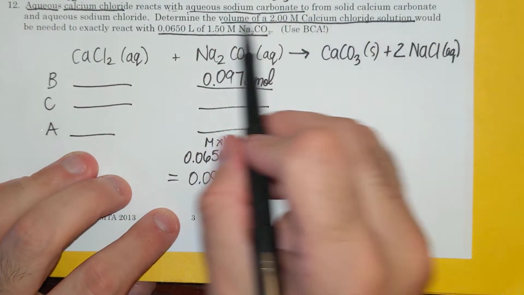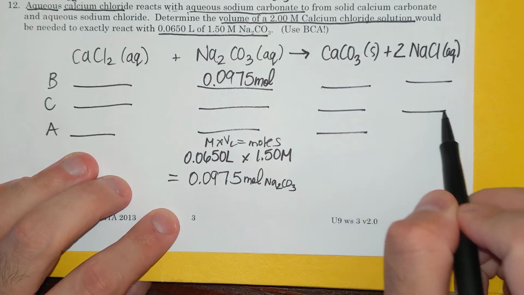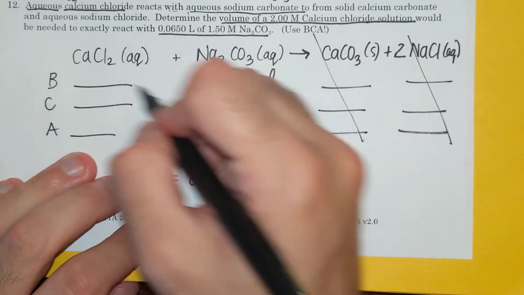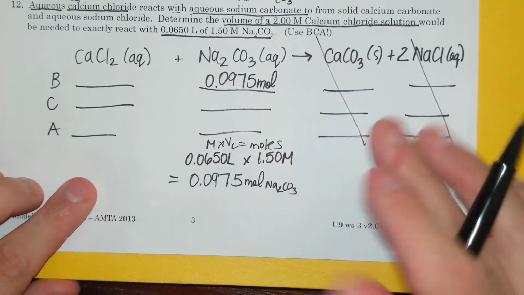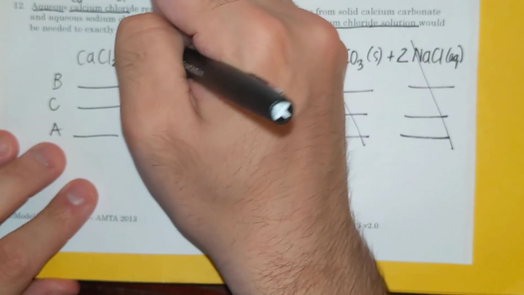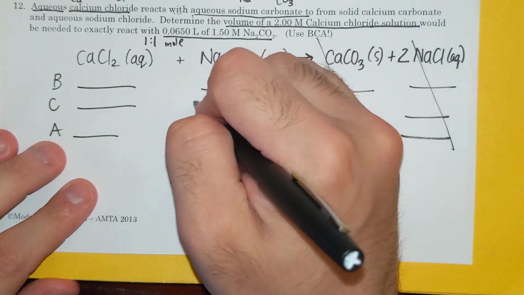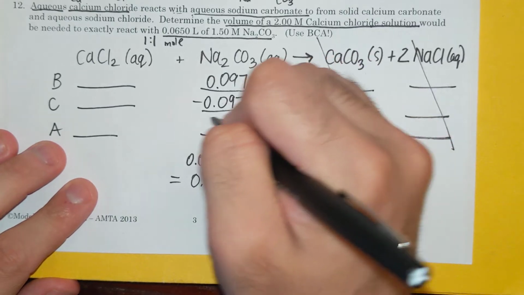Okay, and the question asks about calcium chloride. So the question doesn't really ask about the products, but I had to write the products so I could balance it, and now I don't care about them. The question asks about the relationship between calcium chloride and sodium carbonate. Luckily, this is a 1-to-1 mole ratio, right? It's balanced. So if I wanted to, I could do minus 0.0975 moles. I get 0.